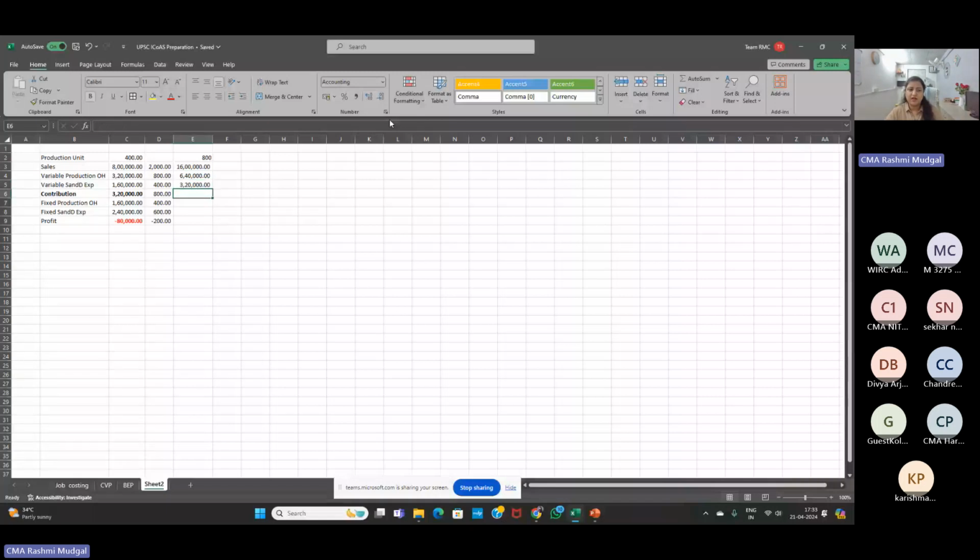Now with sales minus variable cost, my contribution has increased by 100%, because I have doubled the quantity, but my fixed cost will remain the same.